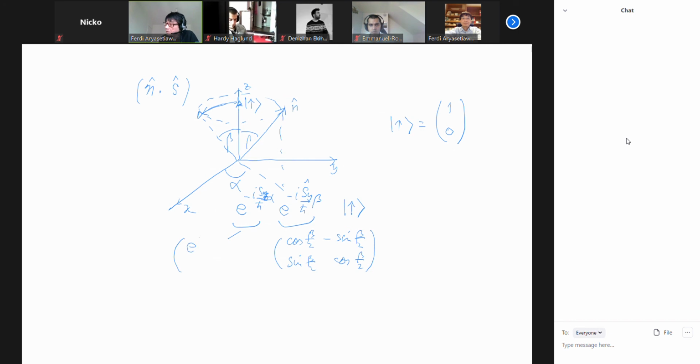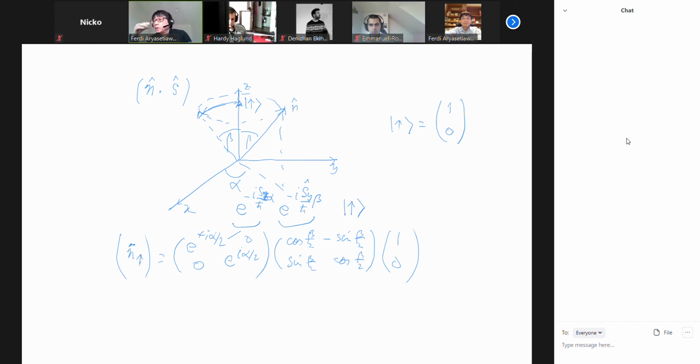It's just minus sine alpha upon 2, alpha upon 2, like this. And then we just act it on 1, 0. So there we get the eigenvectors along the n direction. It's quite simple to do it this way.